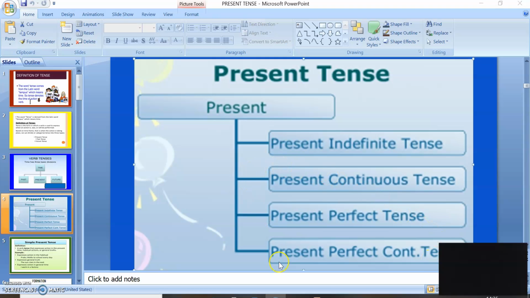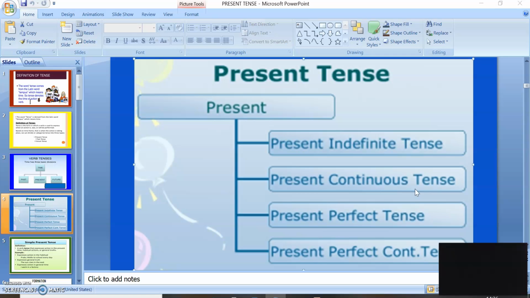So all these subdivisions are part of only present tense. And let me tell you one more thing, that present indefinite tense is also called simple present tense, and present continuous tense is also called present progressive tense. I hope it is clear.